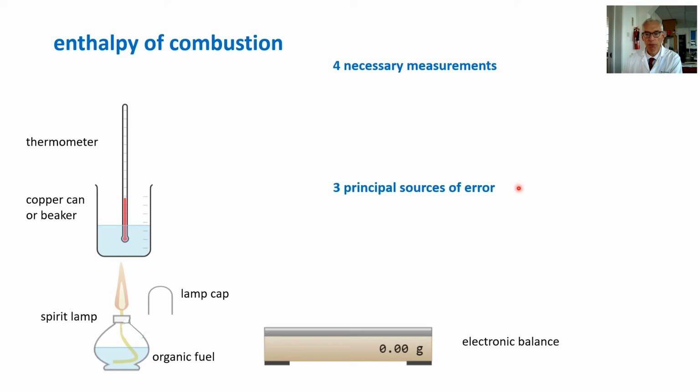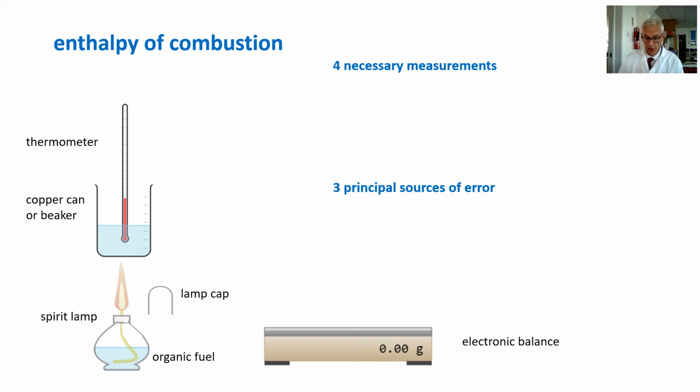And what are the 3 principal sources of error? Pause the lesson, think carefully about the necessary measurements and the principal sources. I strongly recommend that you write down your ideas and come back to check against my suggestions when you are ready.